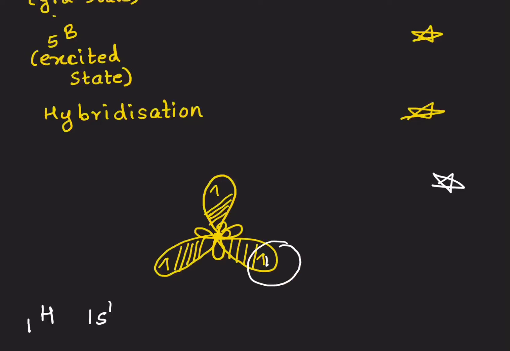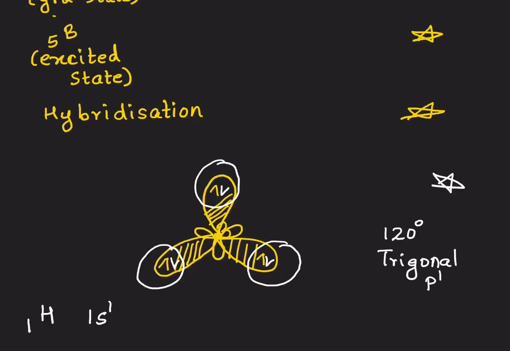So we've got hydrogen coming and overlapping, hydrogen coming and overlapping, hydrogen coming and overlapping. So nice it is looking, right? Bond angle 120 degrees. Shape, trigonal planar. Please don't forget these important points.